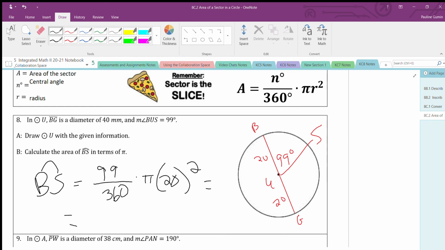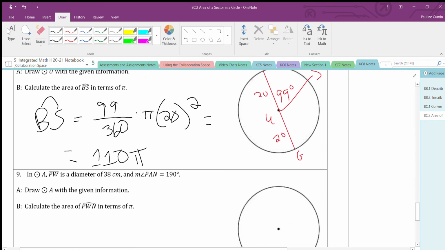The way I plugged this into my calculator is I did 99 divided by 360, then I hit enter, then times 20 times 20, and I left pi alone and got 110 pi. So in this case, as opposed to the word problems, this doesn't tell us how many sectors it's divided into, we just know the degree of that sector.